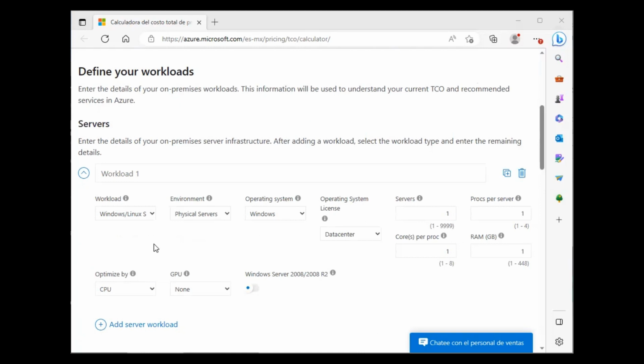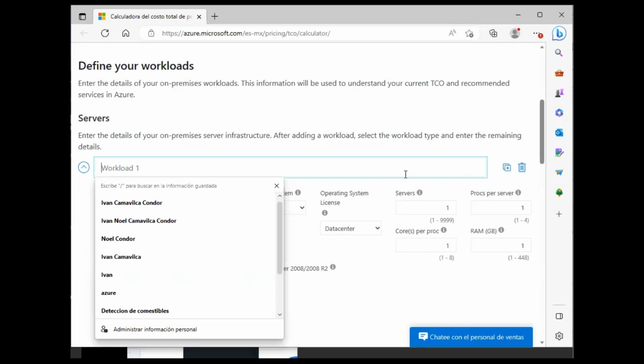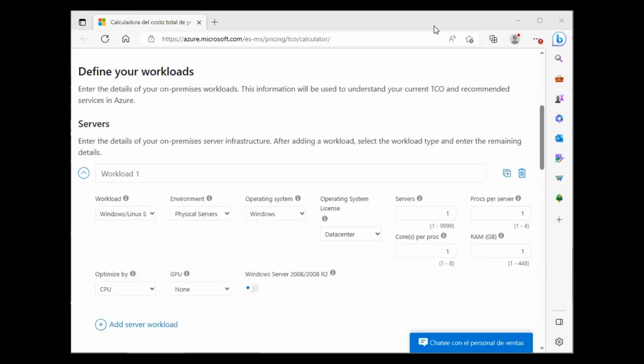Under servers, set the values for each of these settings. Name: Windows VMs.